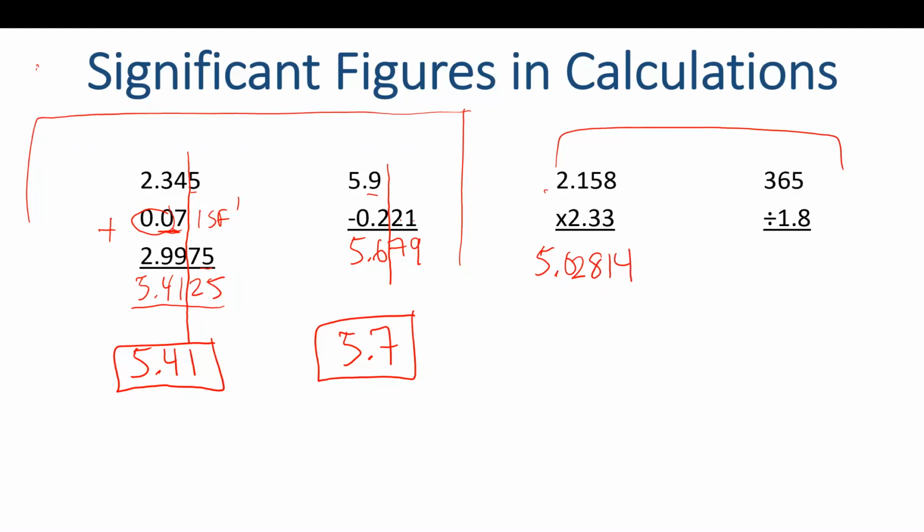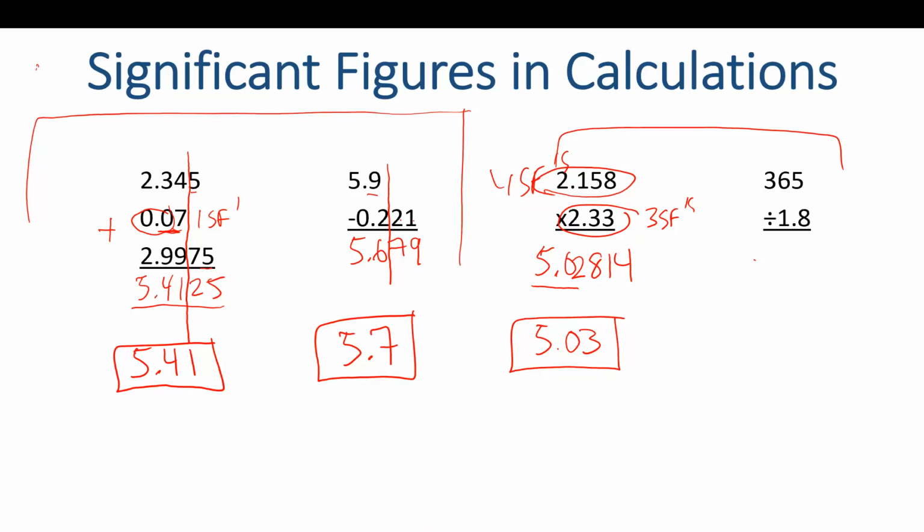And if we look, this particular number has 4 sig figs. This particular number has 3 sig figs. So our final answer should have 3 sig figs. So you would go 5.02. Look to the right, it's an 8. We'd want to round up. 5.03 would be my final answer.